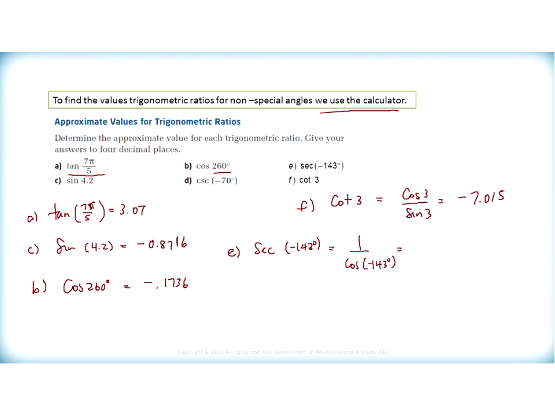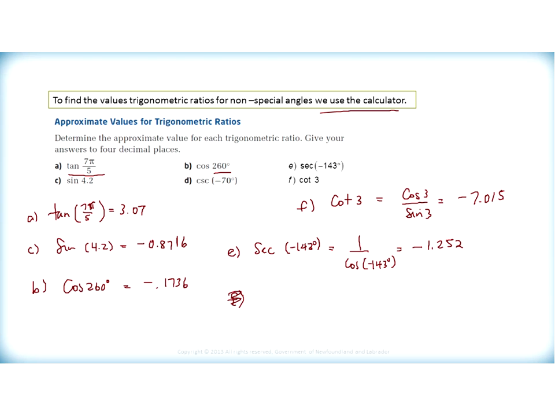It doesn't matter how you do that. I'm going to find the cosine of negative 143 degrees, and then I'm going to press the 1 over x button, or x to the minus 1 button on my calculator. And now I get an answer of negative 1.252. You want to make sure you're getting these answers. So just check on your calculator and make sure you get the same answers that I have.